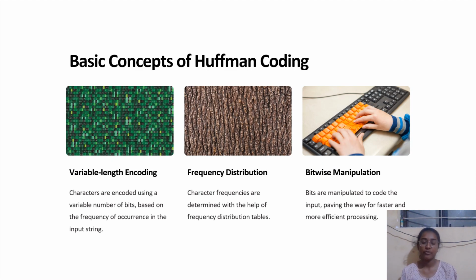The basic concepts of Huffman coding are three: variable length encoding, frequency distribution, and bitwise manipulation. Variable length encoding: characters are encoded using a variable number of bits based on the frequency of occurrence in the input string.